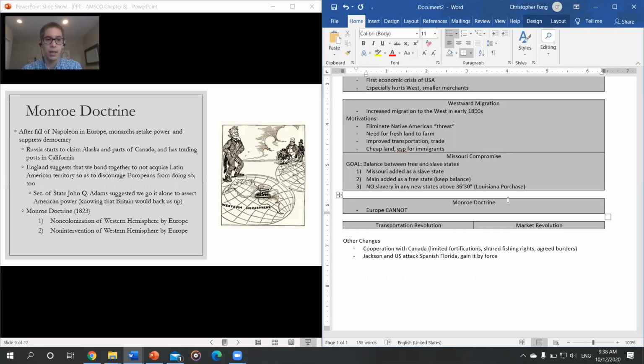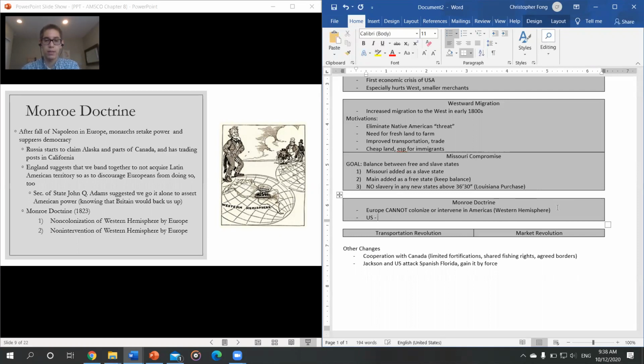So Europe cannot colonize or intervene in the Americas, specifically the Western Hemisphere, but it's essentially the Americas. What this is basically the US saying is, we control the Americas. They're ours. We will do with them what we want, either through force or through trade.